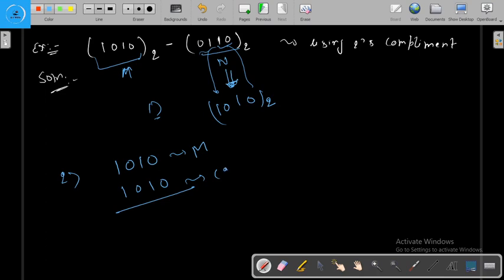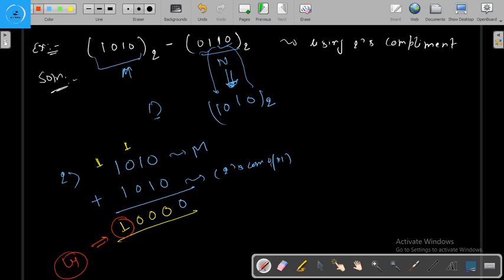This is m, and we write the 2's complement of n below it. Then we add, carrying as needed. Here carry is generated, so we just discard this carry, and the result will be 0 0 0 0.